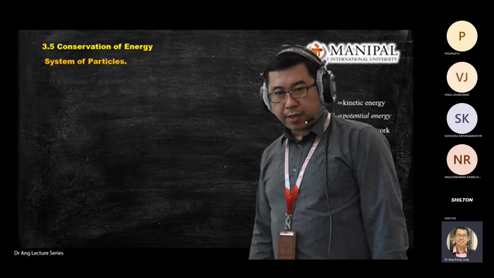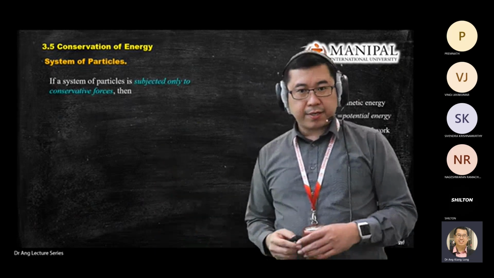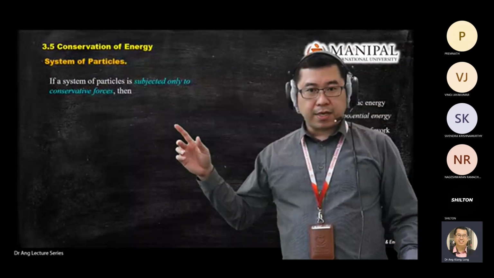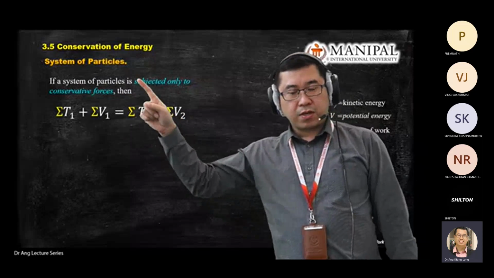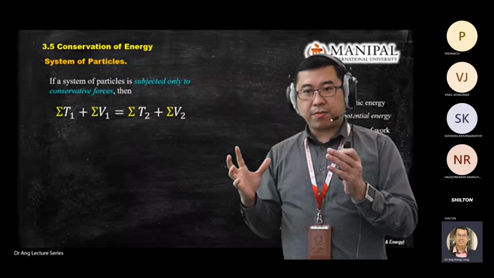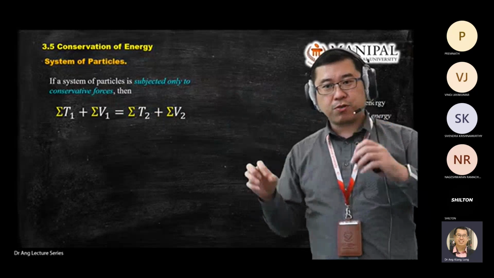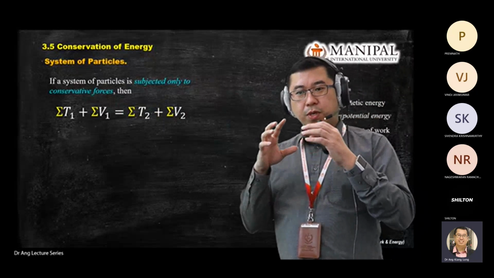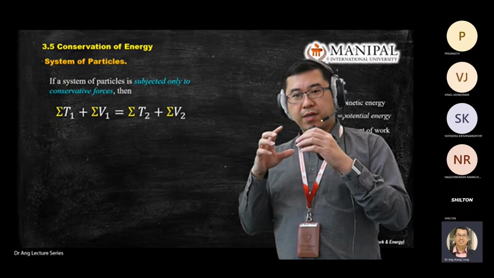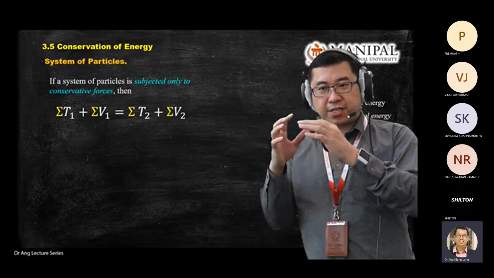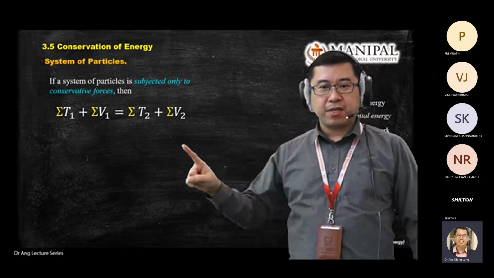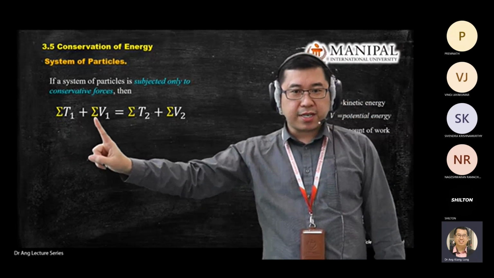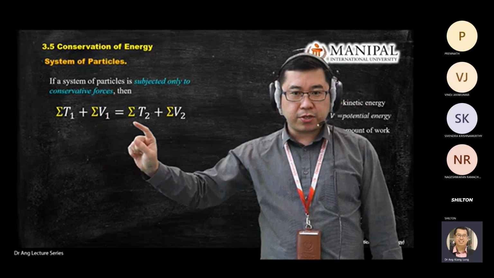Okay, next we look at what happens if you have a system. Inside this system, there are lots of particles, for example, in the water. So you want to calculate the energy inside the system. So you add some symbol in front of the kinetic, some symbol in front of the potential.